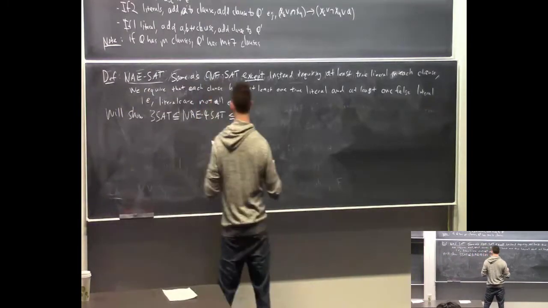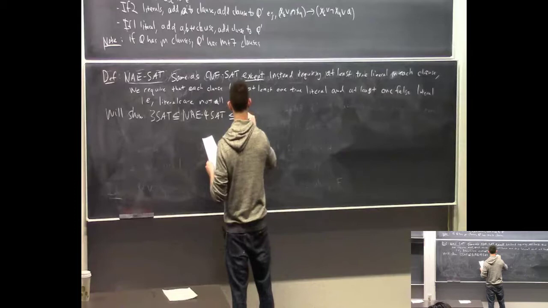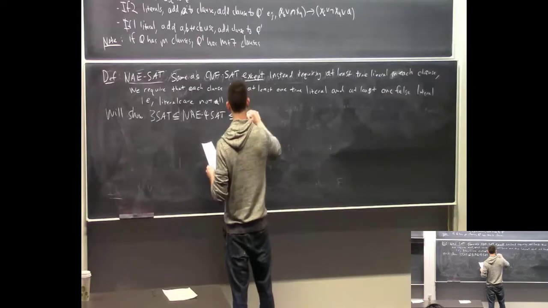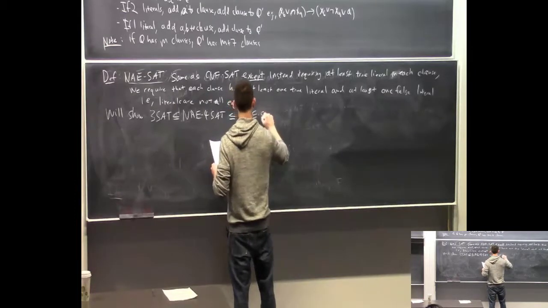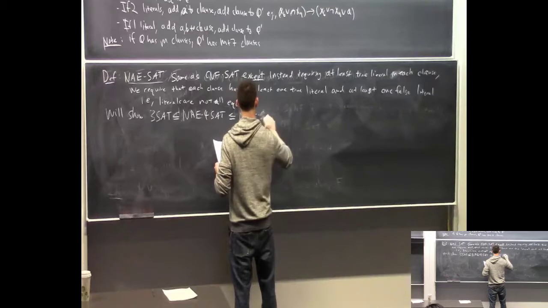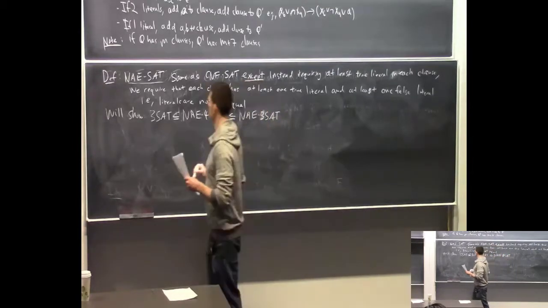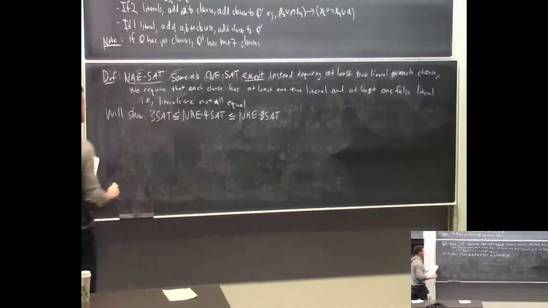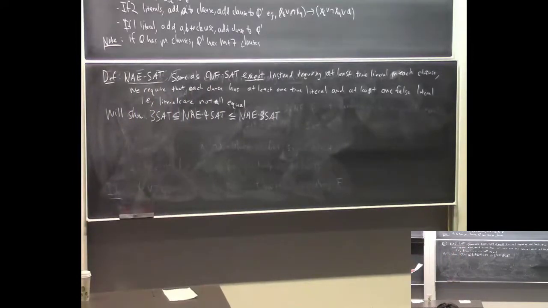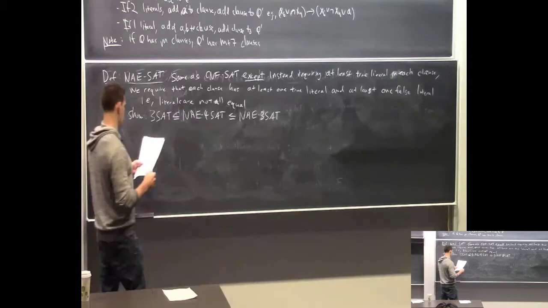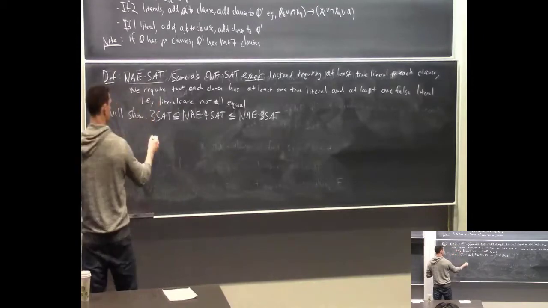And then we're going to show that this will reduce to NAE 3-SAT. So that's kind of the game plan for this part of things. All right, so we should prove the first step.